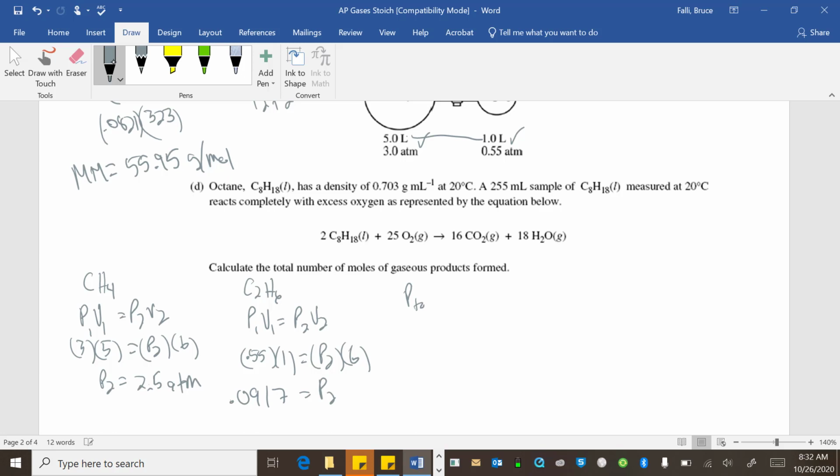So P total equals pressure of CH4 plus the pressure of C2H6. We don't have to add the vapor pressure of water because it's not collected over water. So this is 2.5 plus 0.0917, which is 2.59 atmospheres. Okay, good.